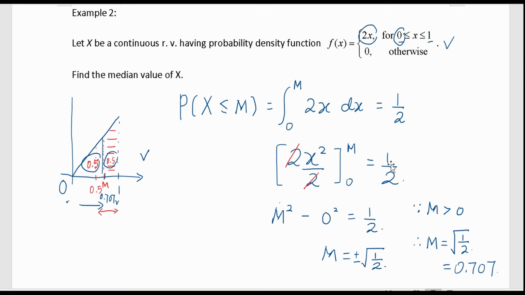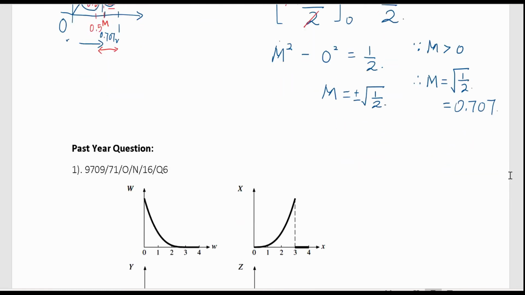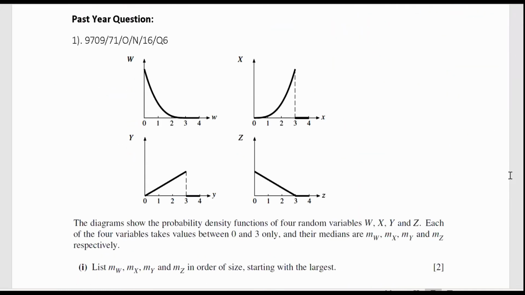Okay, now have a look at one past year question. All right. So this is the question from October-November 2016, variant 7.1. Right, question 6. So the diagrams show the probability density functions of 4 random variables, w, x, y, z.